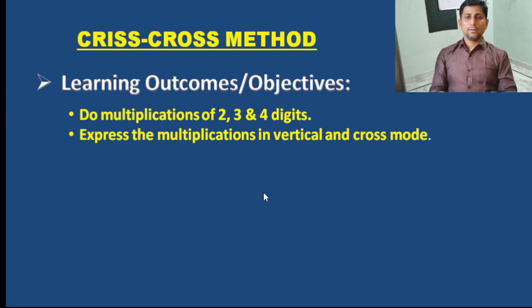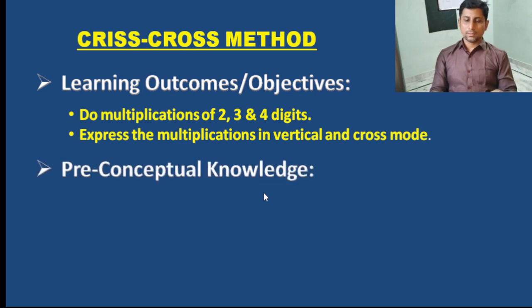Before that, let's fix the learning outcomes of this particular topic. You know already that I explained what learning outcomes are and how to fix them. For this Criss-Cross method, there are two learning outcomes: multiplication of 2-3 digits, and the student can express the multiplication in vertical and cross method.